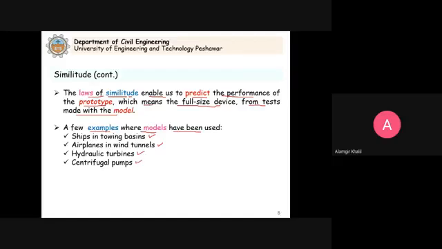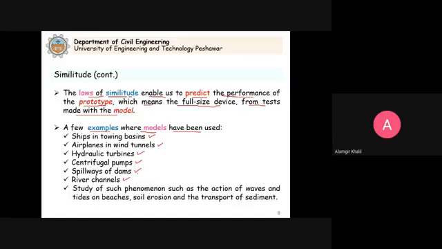Centrifugal pumps, spillways of dams, river channels. Study of such phenomena as the action of waves and tides on beaches, soil erosion, and the transport of sediments.